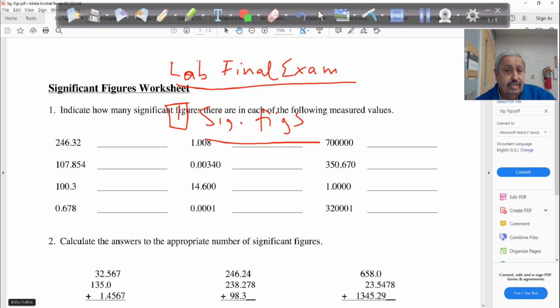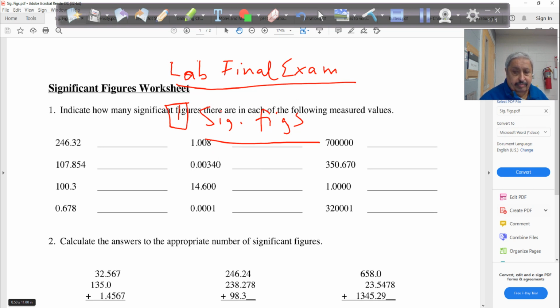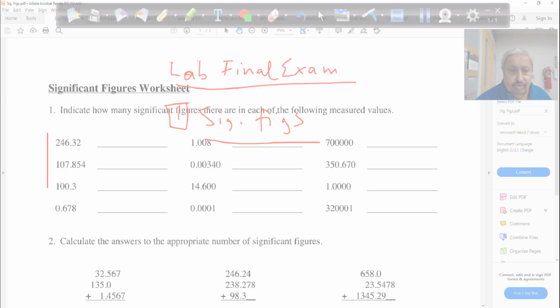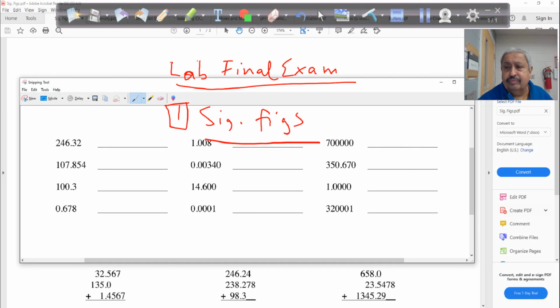This is the sig figs stuff here, and then what I will do, I'll take a snapshot of this, and then we can answer those questions here. Let me take this one here and just a review here. Okay, so here it is.